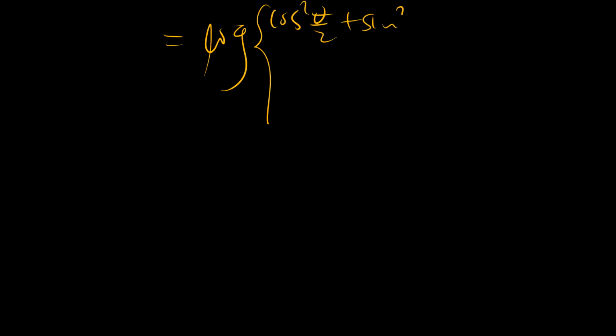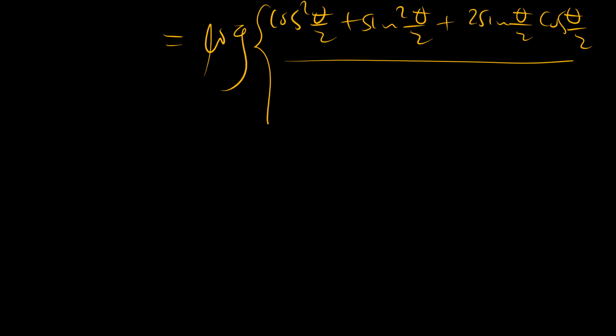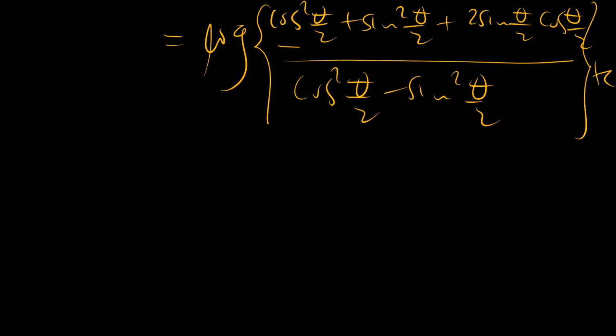It is the same as log, since we have cosine square theta over 2 plus sine square theta over 2 plus 2 sine theta over 2 cosine theta over 2 over cosine square theta over 2 minus sine square theta over 2 plus c. This part here is the same as 1, this part is the same as sine theta, this part is the same as cosine theta.